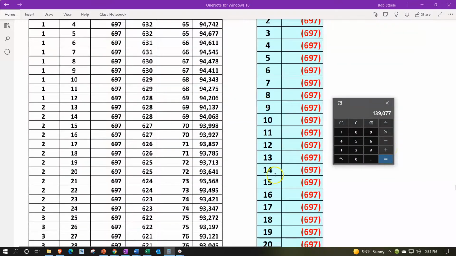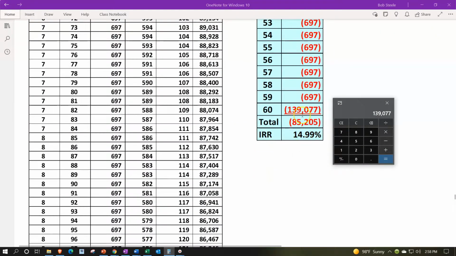That would give us our $139.77, and that would give us the rate at which this series of payments would be zero, which would be the 14.99 or about 15%.